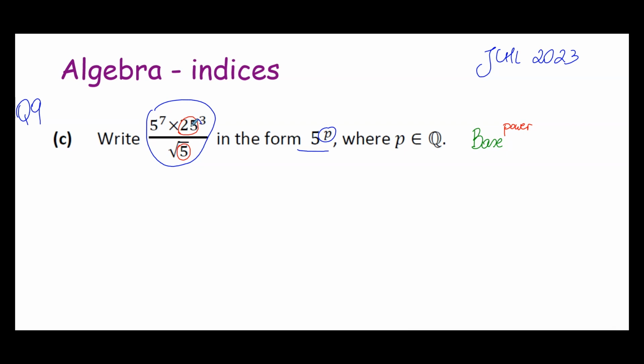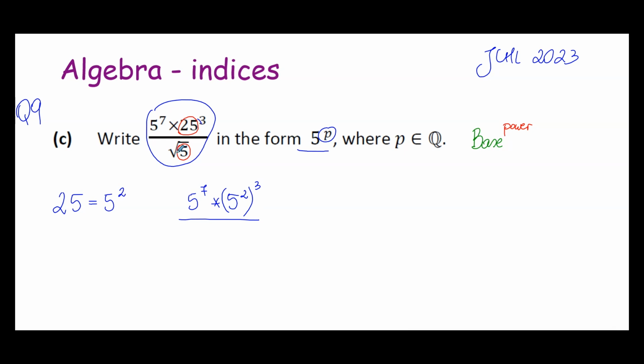Well, can I write 25 as 5? Yes, I can. How come? Because 25 can be written as 5 to the power of 2, isn't it? That is 25. So let's write that on top. 5 to the power of x multiplied by 5 to the power of 2. And let's not forget that that 25 is taken to the power of 3.